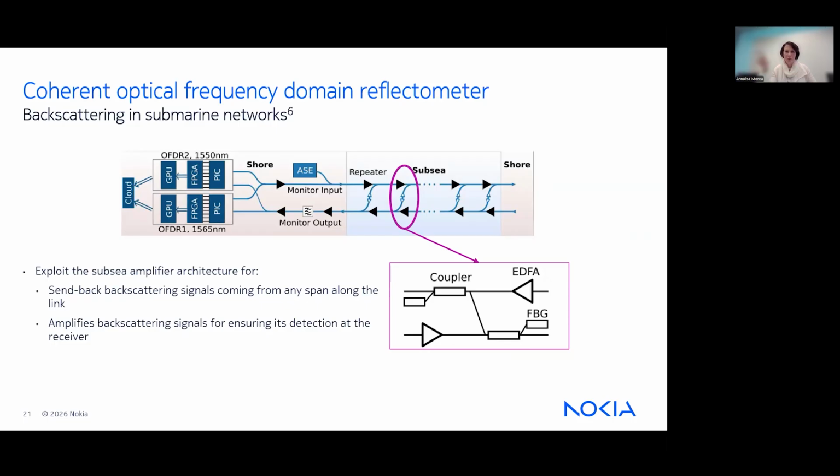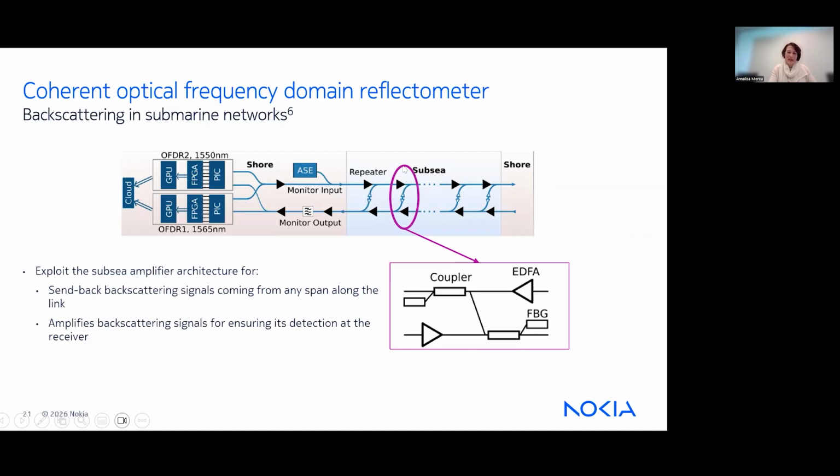So it is not possible to use the transponder as for the first example, but we are creating a box that gives us OFDR signals and exploits the OFDR effects, and we are propagating these probe signals along the optical subsea cable.